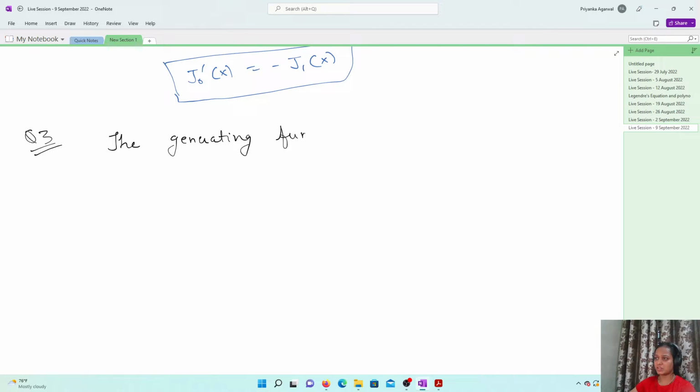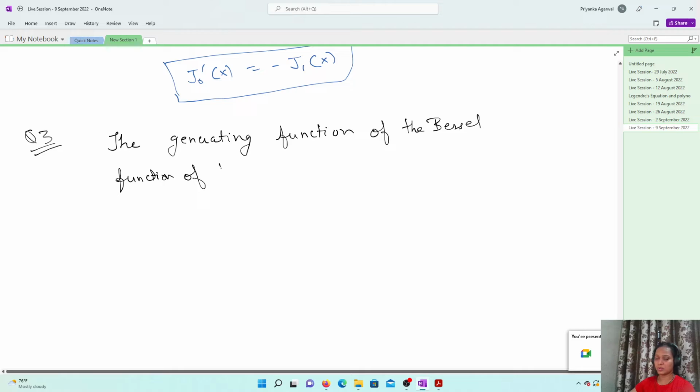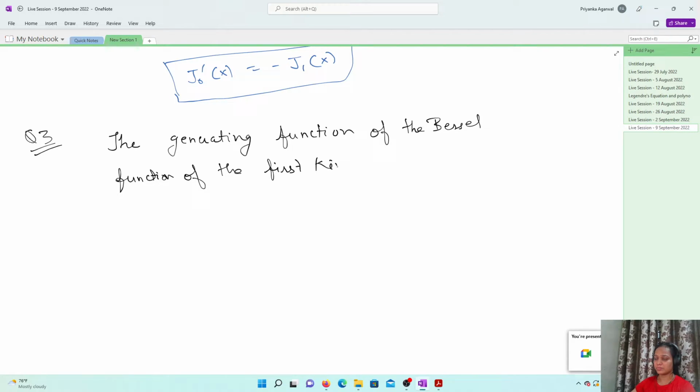So the generating function of the Bessel function of the first kind is something like this.